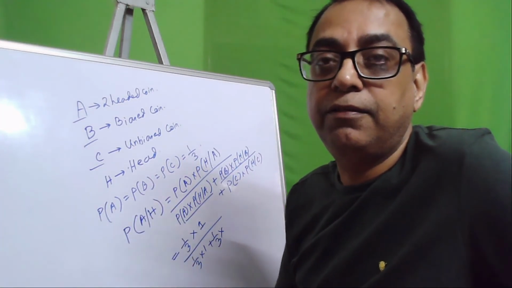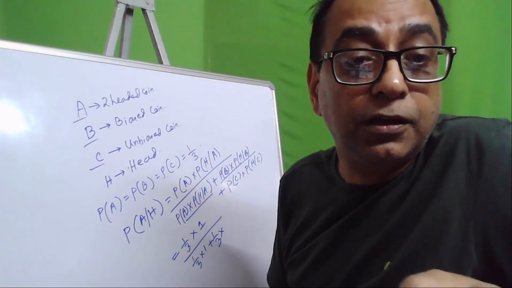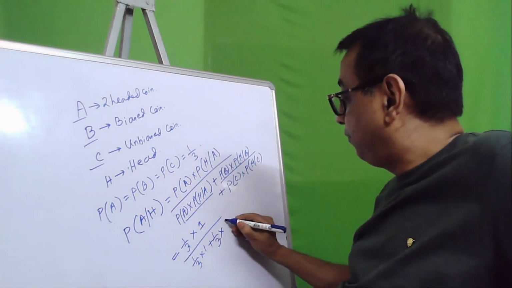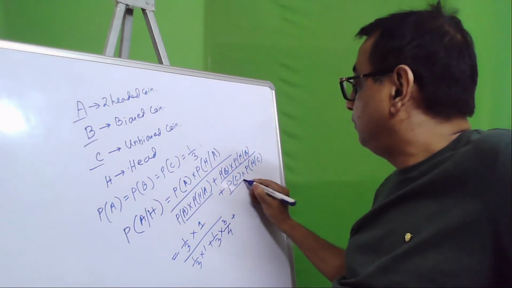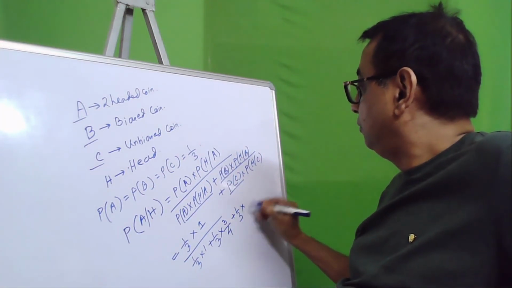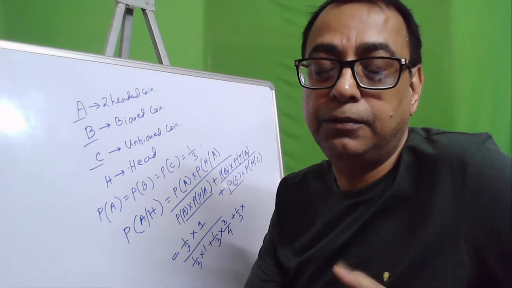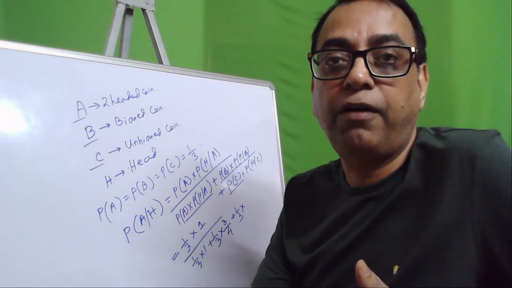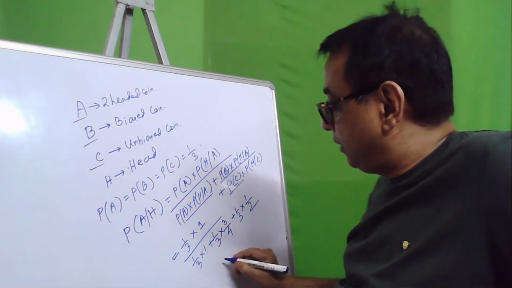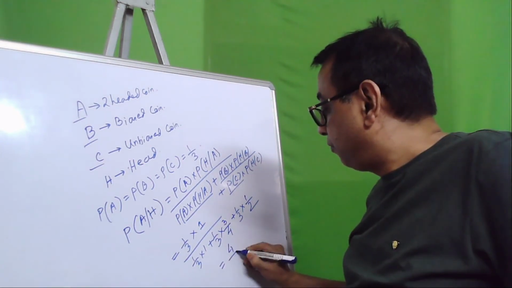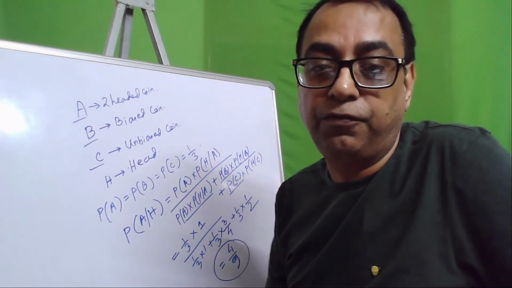Which has already been given in the problem itself, which is 75%, that is 3/4, plus 1/3 into probability H by C, that is in the unbiased coin, what is the probability of having head from an unbiased coin? It is half. So this will be the answer once we simplify, 4/9. So this is the answer, 4/9.